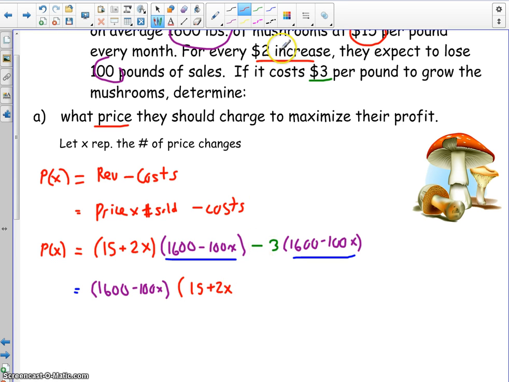Okay, and we've got the minus 3 left over from here. So all this simplifies into 1,600 minus 100x, and then we get 12 plus 2x. Okay, so without too much work, we have our profit equation in factored form.